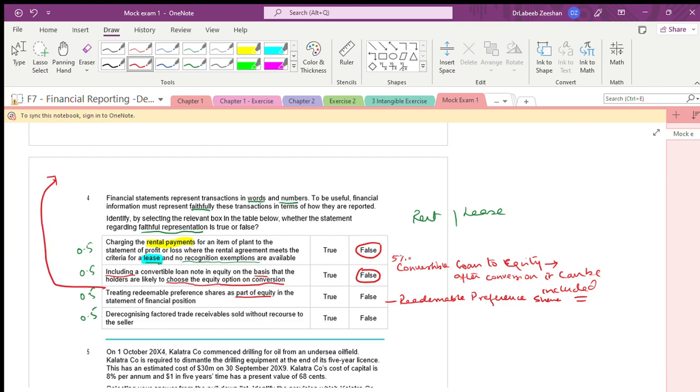Say, 10 years redeemable preference shares. Redeemable preference shares will be redeemed, and they remain preference shares only. There is a big difference between preference shares and equity shares. The big difference is that preference shares have preference over dividends compared to equity. Now you cannot treat it as a part of equity. Fine, it is also false.